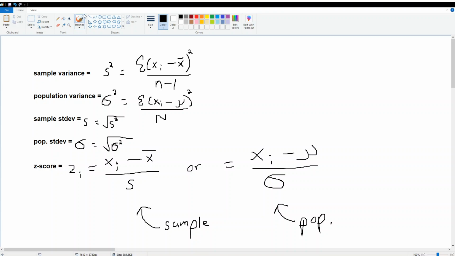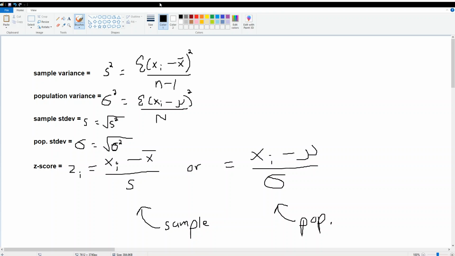Now you might ask, okay, fine, but what's going on in these numerators? I get this sum, but what are we summing here? Here's what we do. We take our sample and we compute the sample average, in the case of sample variance. And that is our x bar. We then take every single data point and subtract the mean from it. And so now we have a list of differences.